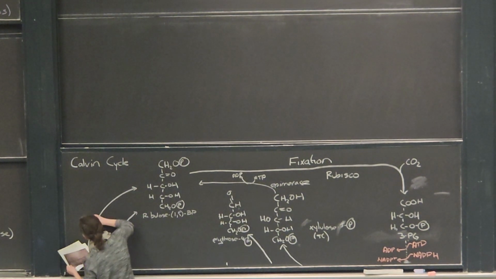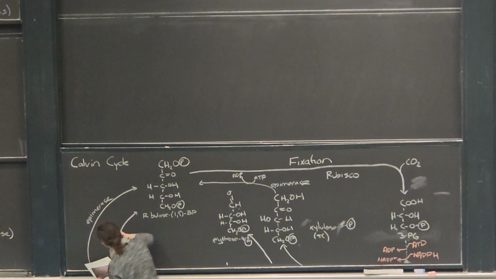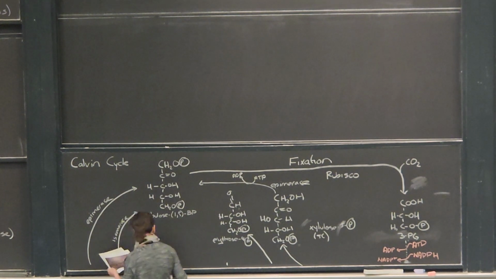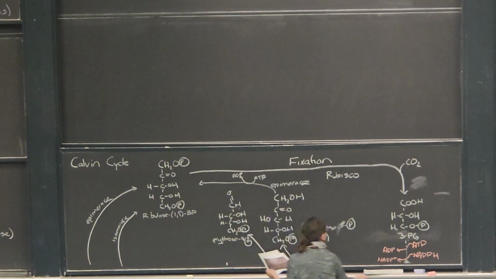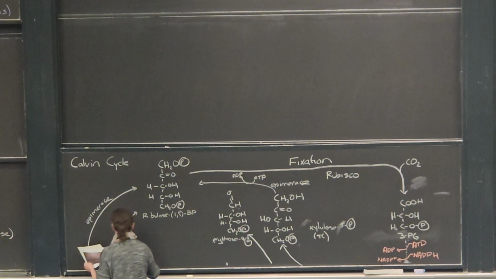Okay, so this one is an epimerase reaction. This one is an isomerase reaction. They both require ATP.